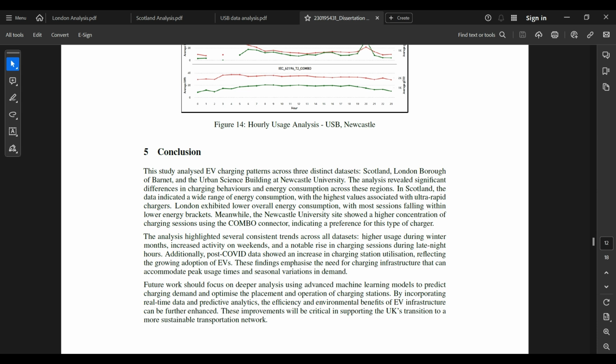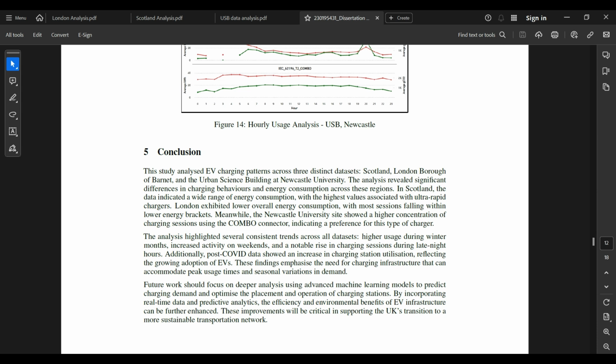And also, the highest energy peaks were achieved in the winter season and increased activity on weekends, and there is a notable rise in charging sessions during late night hours and early morning hours. And also we examined the seasonal and monthly analysis, in which we saw that in the post covid period the energy consumption and carbon emissions have risen dramatically.